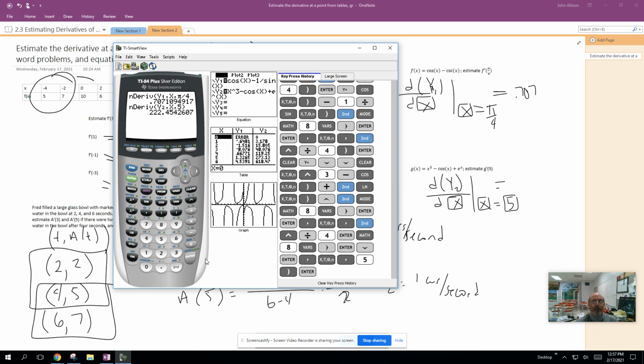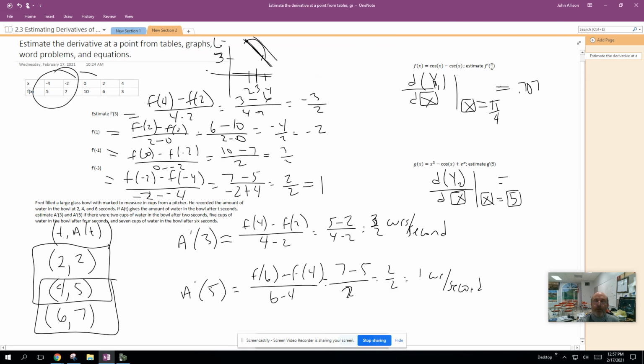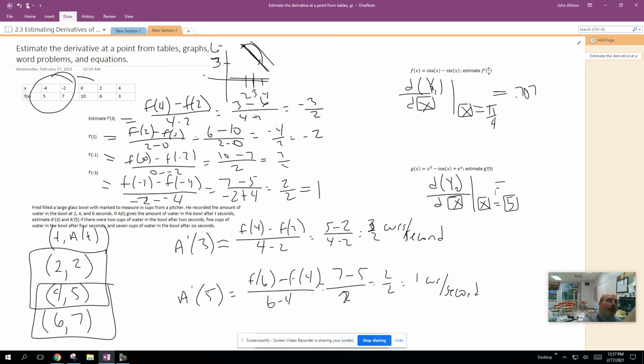Now to enter, it says the derivative of g of x, or g prime of 5, at x equals 5, is 222.454. And that's how we calculate derivatives or estimate derivatives at a point from tables, graphs, word problems, and equations.